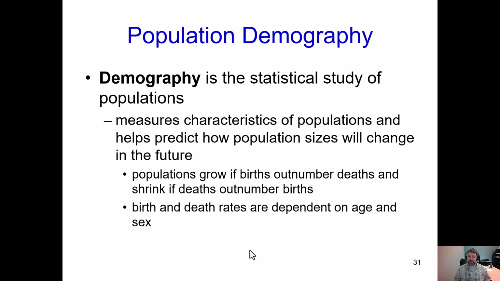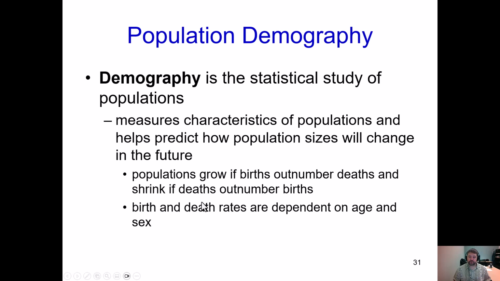And remember that we said that the rate of growth of a population is based on a couple things: the birth rate and death rate, and the rate of immigration and the rate of emigration. So how many individuals are immigrating into the population and how many individuals are leaving the population, okay, emigrating out of the population.